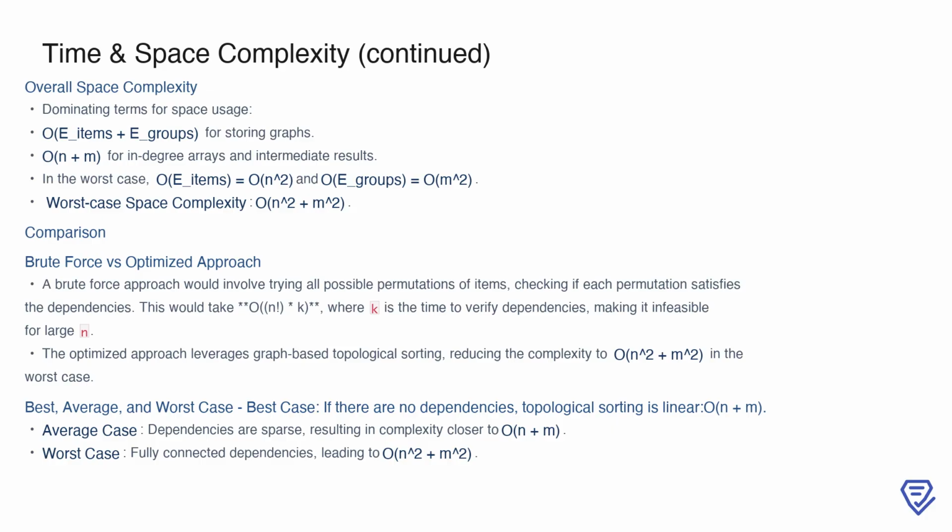In contrast, our graph-based approach with topological sorting reduces the complexity to O(n squared plus m squared) in the worst case. Moreover, in the best-case scenario with no dependencies, the solution is linear, O(n plus m). For sparse dependencies, the average case complexity tends to be closer to O(n plus m), while fully connected dependencies lead to the worst-case complexity of O(n squared plus m squared).